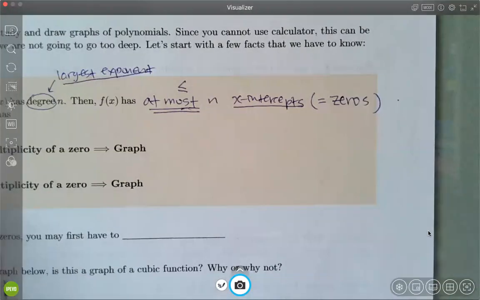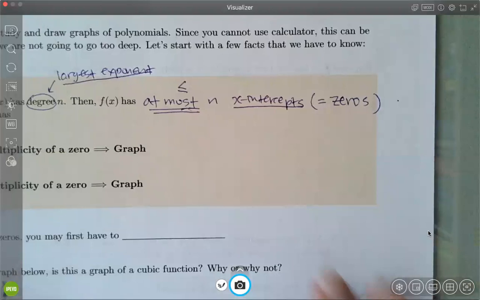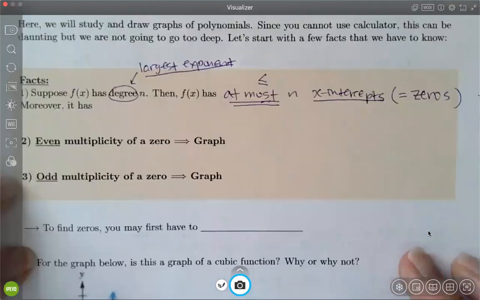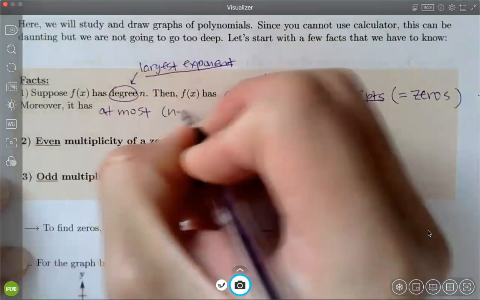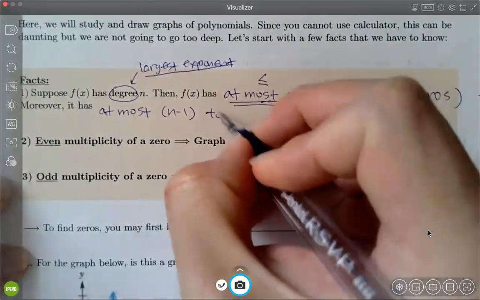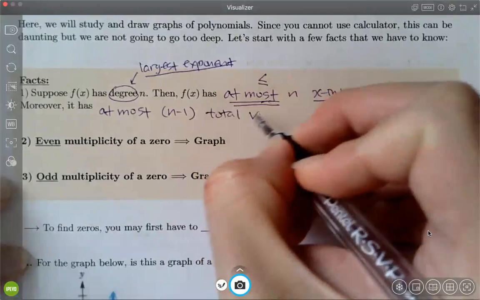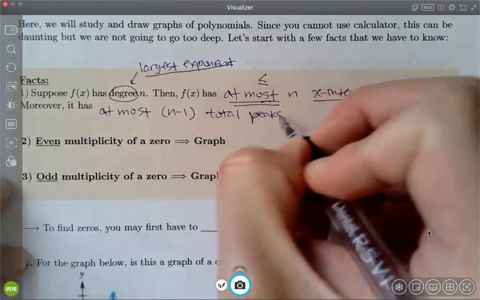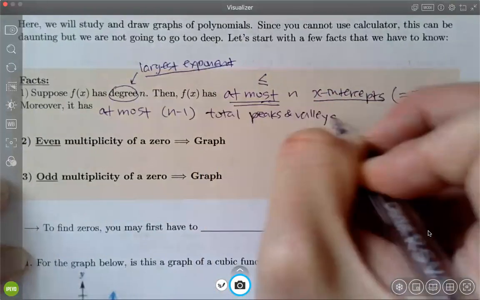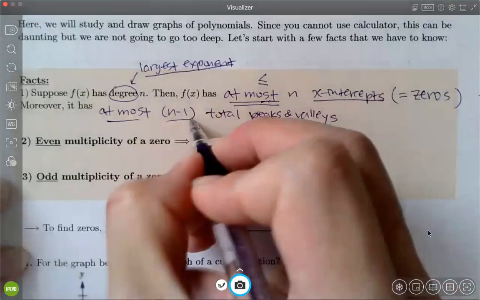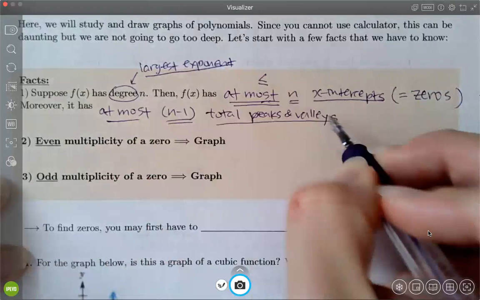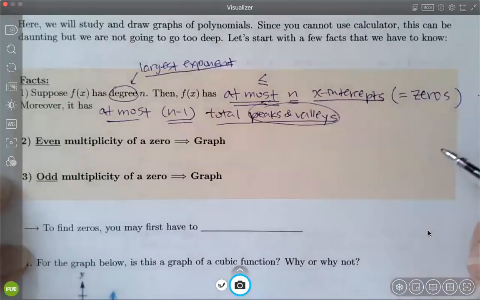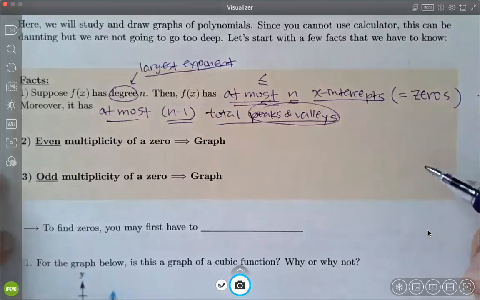Okay, and now, moreover, it has at most n-1 total peaks and valleys. Okay, so peaks and valleys. So that's kind of an informal way of saying the so-called maximum and minimum.